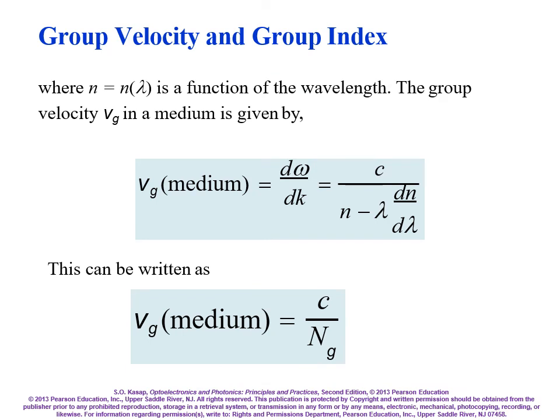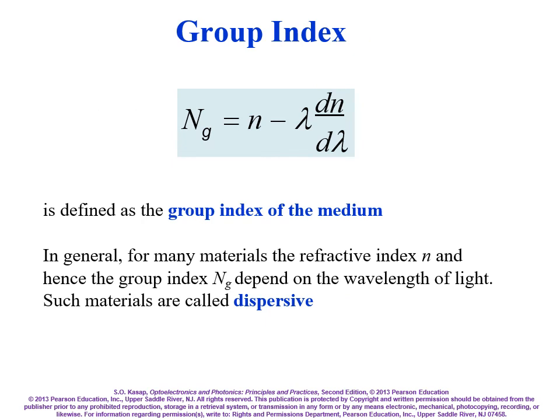Now there is a relation between group velocity and group index, where n is a function of wavelength. The group velocity Vg in a medium can be given by this equation. Thus, it can be written as Vg equals c by Ng, where Ng is the group index. So Ng equals n minus lambda dn by d lambda, which is known as the group index of the medium.